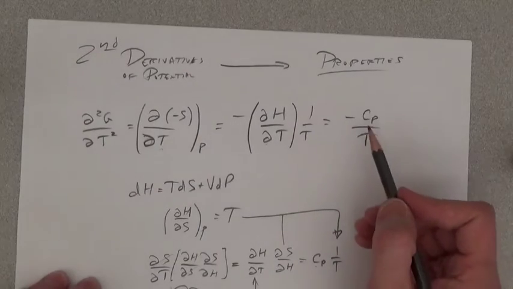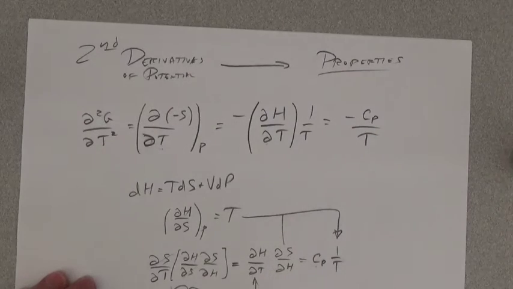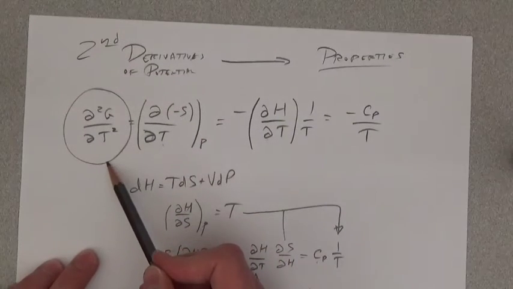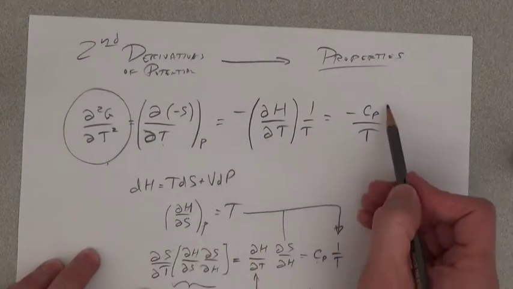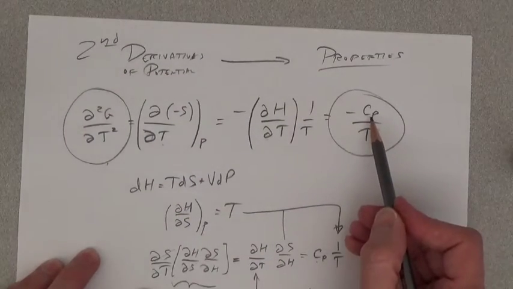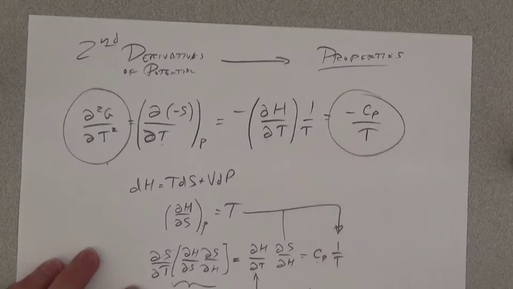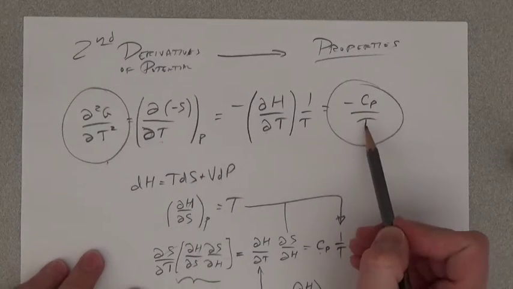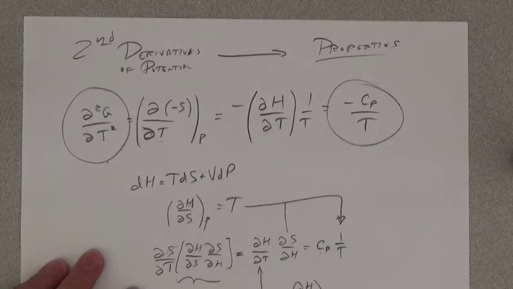So that gives us the second derivative of the Gibbs free energy equal to the constant pressure heat capacity divided by minus 1 over the temperature. And that step's a little more complicated.